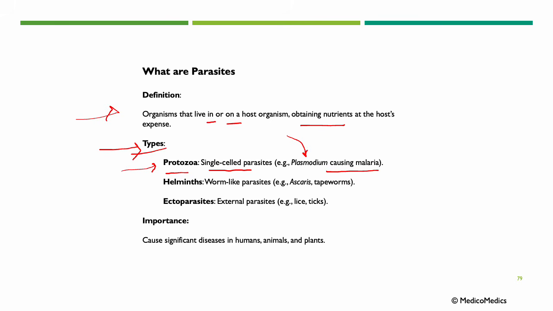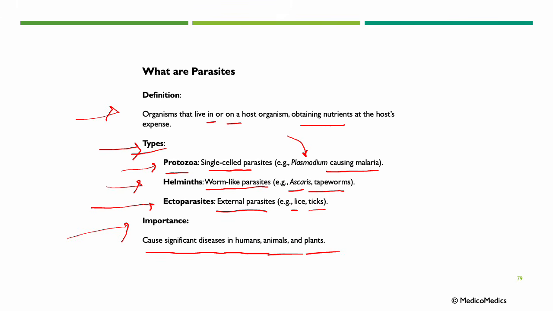Because it causes malaria. We have helminths. These are worm-like parasites. Examples: Ascaris, tapeworms. We have ectoparasites. These are external parasites like lice or ticks. Now, importance. They cause significant diseases in humans, animals, and plants.